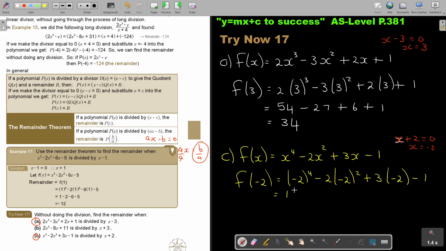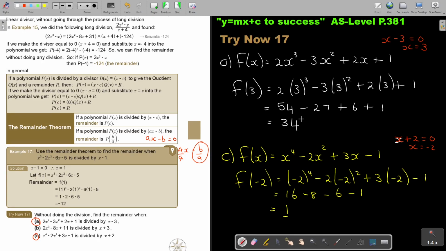So this is going to be 16, right? This is going to be 4, so it's negative 8, and then negative 6. Basically I'm just going to finish off and simplify. So it's 8 minus 6, so it's negative 2. Then 2 minus 1, and the final answer will give me a remainder of 1.